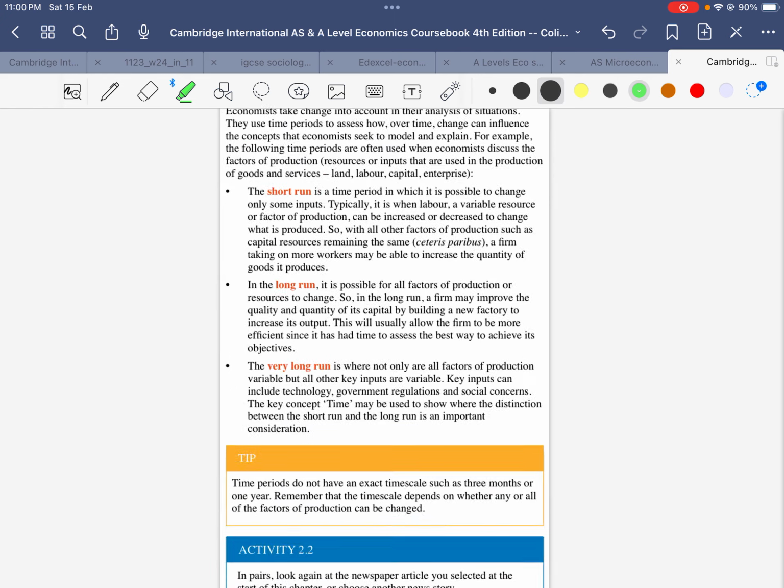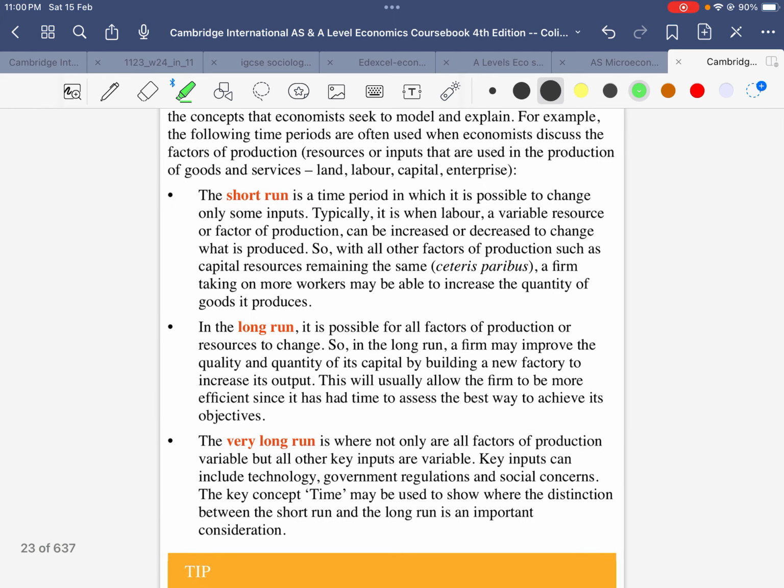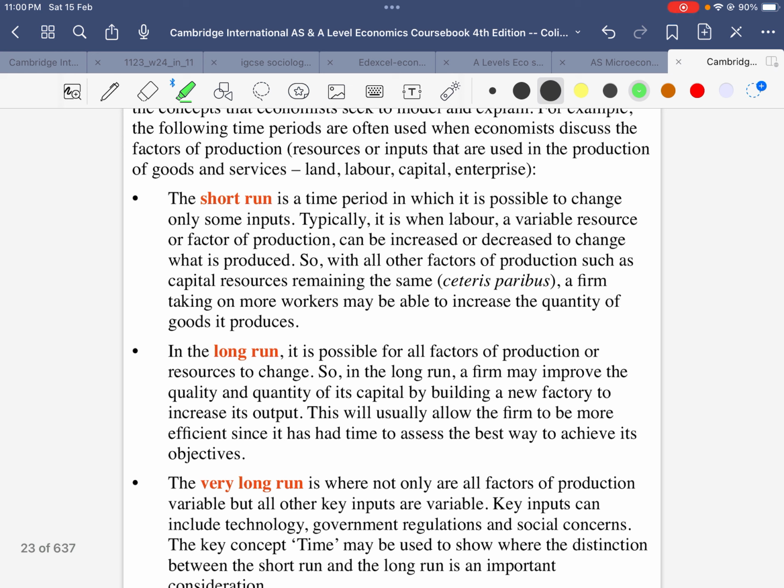Next is the importance of time period, right? Now, what is short run? Short run can be defined as a period where at least one factor of production is constant, right?